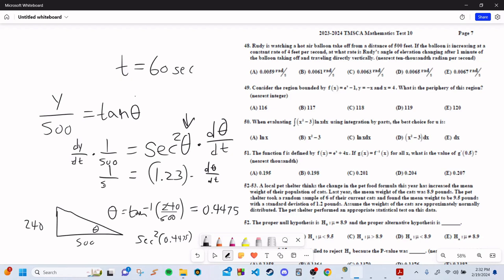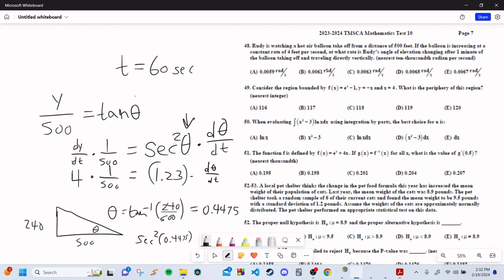This is equal to 1 over 500 times dy dt. So what's dy dt going to be? Well, dy dt is going to be 4. It already gave us what dy dt is. That's the rate at which y is changing, and it's increasing at a constant rate of 4 feet per second.